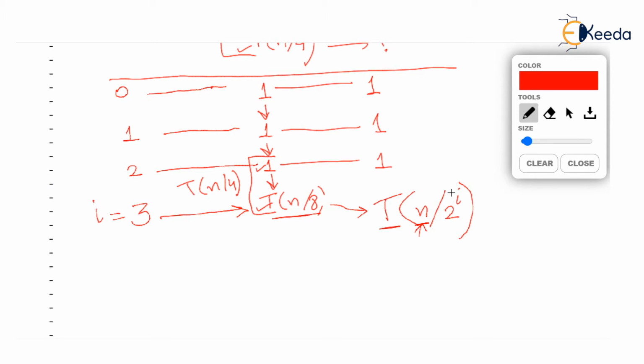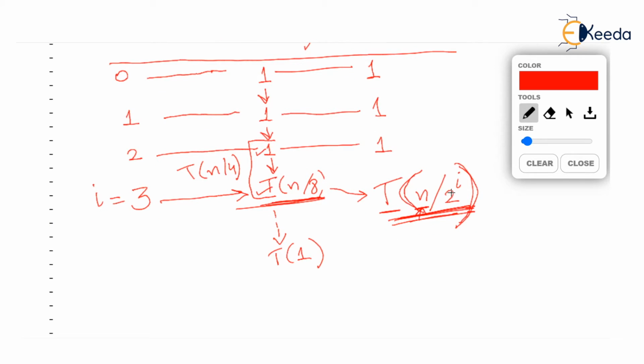Isn't it so? So this tree grows on, and every time we will get the term Tn by 2 raised to I, where I is the level number. Now the question is that this tree should converge to T1. That means this term, n upon 2 raised to I, which is written in the bracket here, should somehow become 1. So when will n upon 2 raised to I become 1?